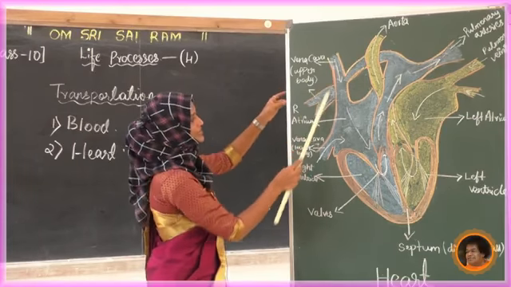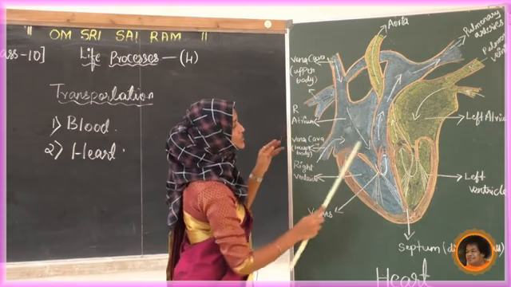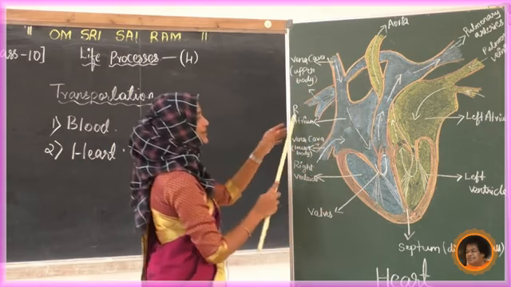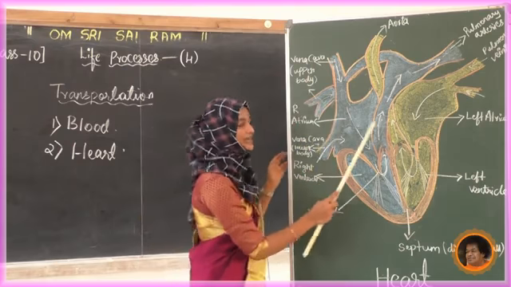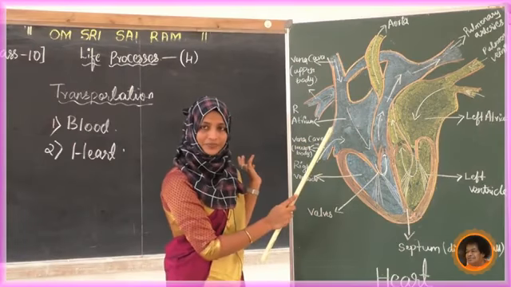I have colored these pipes blue. This vena cava leads to a position called the right atrium, so it reaches the right atrium.